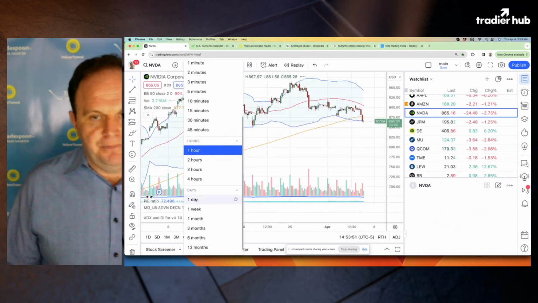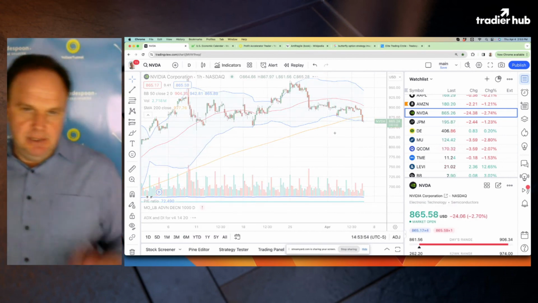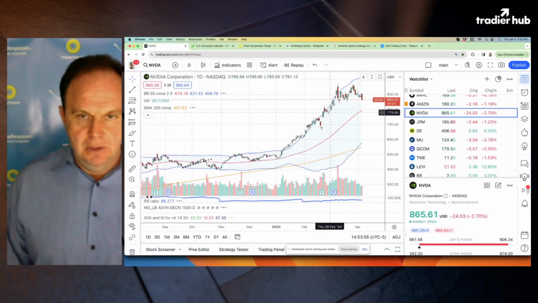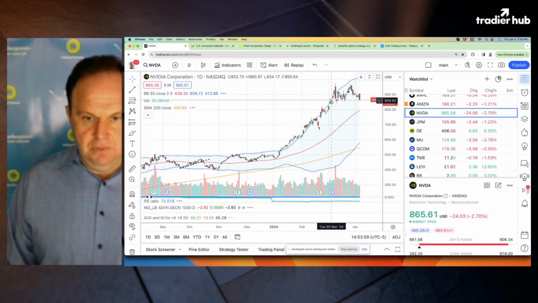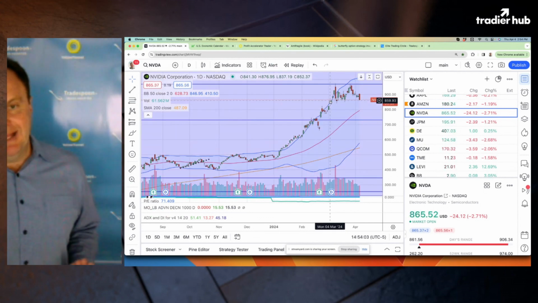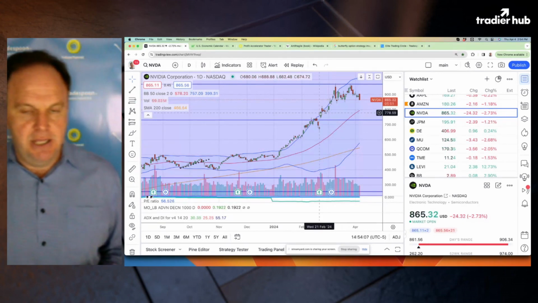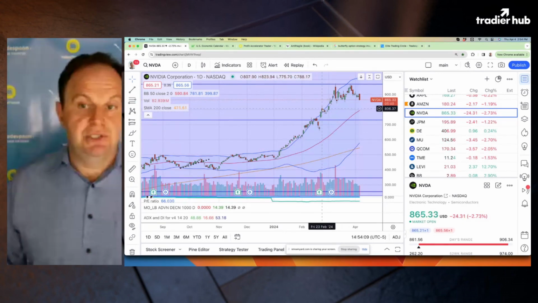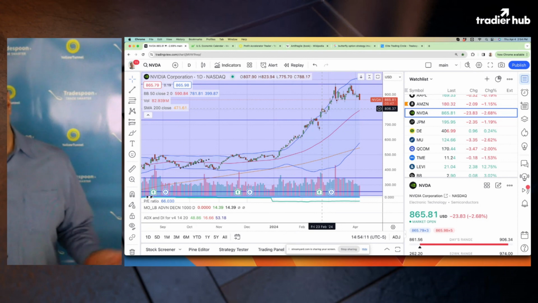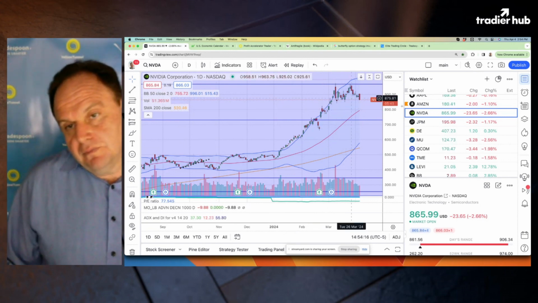Because it's been consolidating and it's sitting on a very important support level, all the way back to the beginning of March. So if it doesn't hold that level, it could retest the 50-day moving average. It could revisit the highs post earnings, which is the 800 level. So if it doesn't hold this level, yes, I would probably have to exit from Qualcomm, and we'll see.